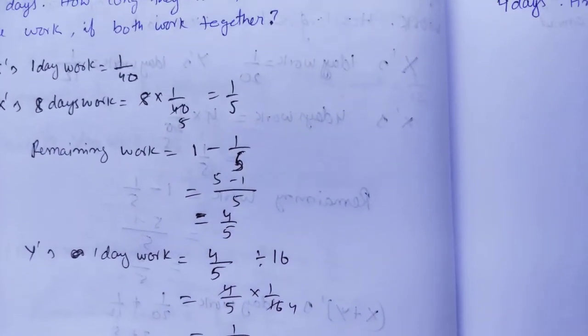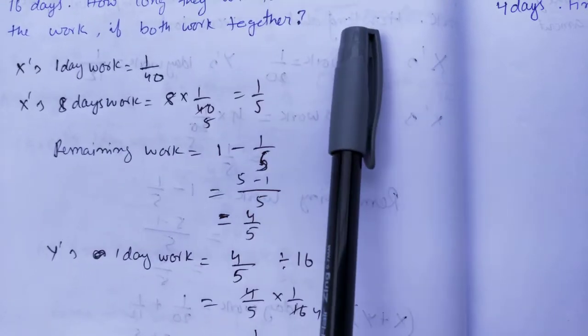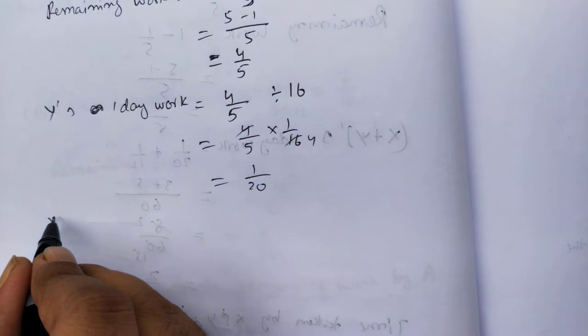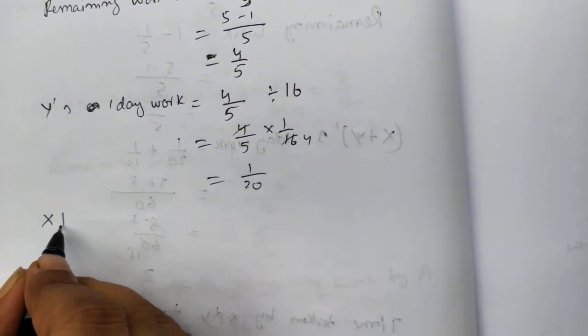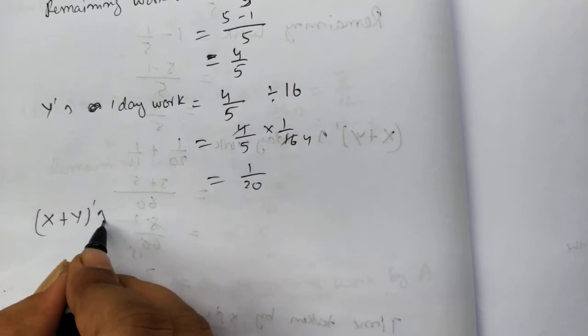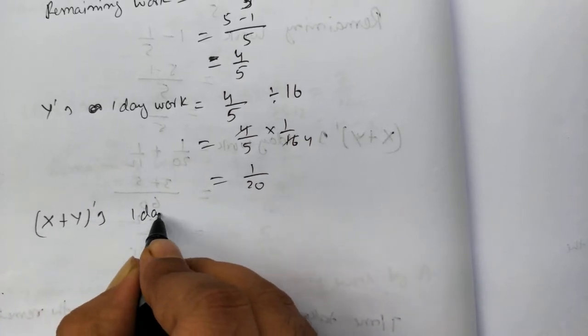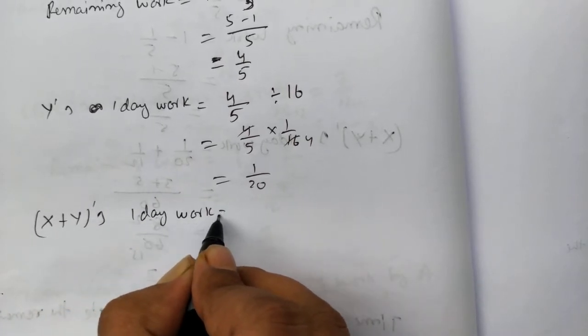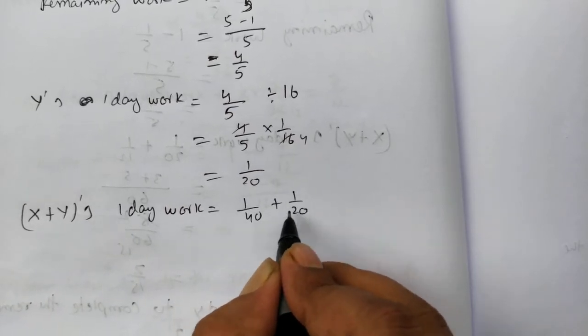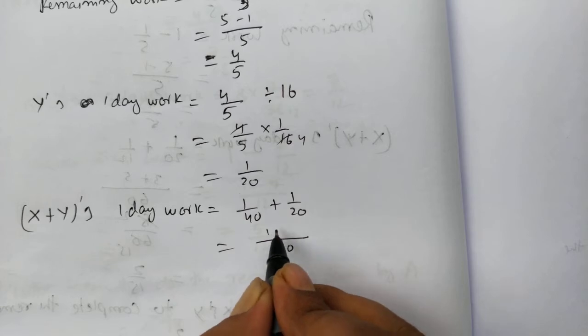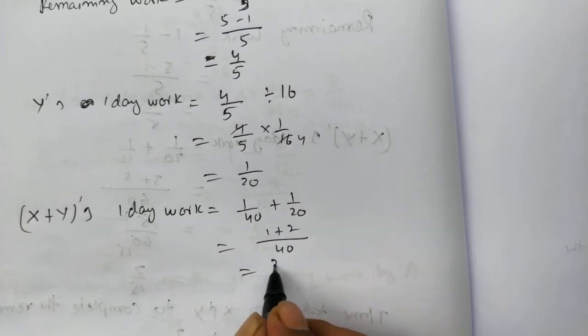Now your question is, how long they will take to complete the work if they work together? That means X is taking 20 days. Okay, if they work together, you have to combine. X is taking 1 by 40, Y is taking 1 by 20. 40 is the LCM. 3 by 40.